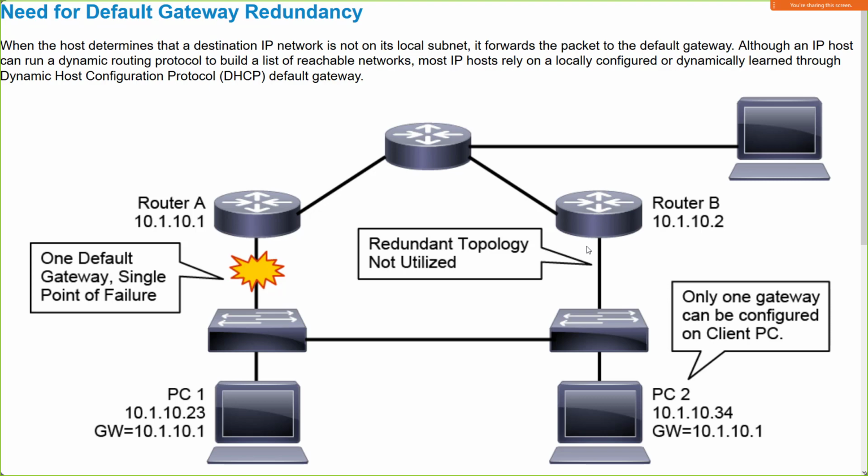We could get away without using a gateway if we used a feature called proxy ARP, where essentially any router could respond to an ARP request that goes out to a host on the internet. But the problem with proxy ARP is ARP information gets cached. So even if I'm using proxy ARP to kind of dynamically assign the gateway to the clients, that information is cached for a certain amount of time.